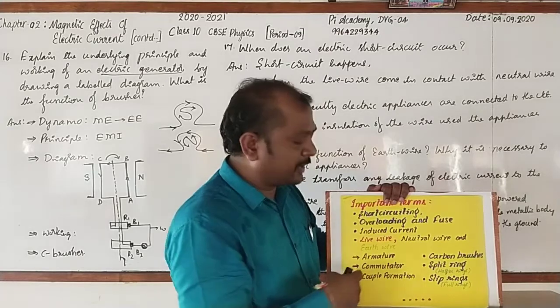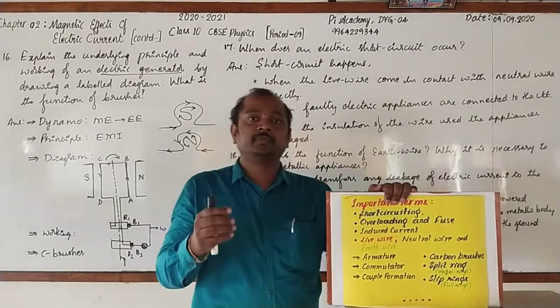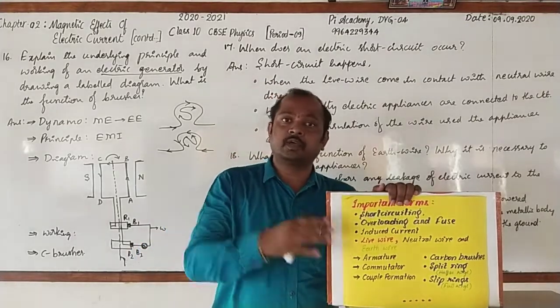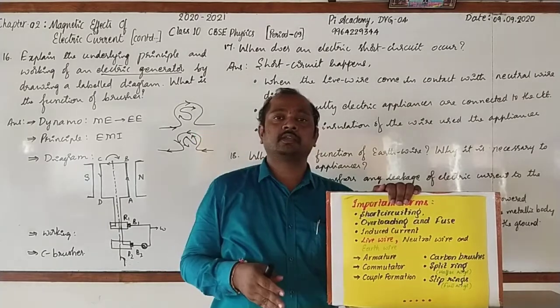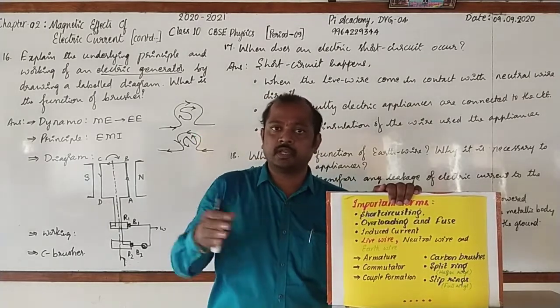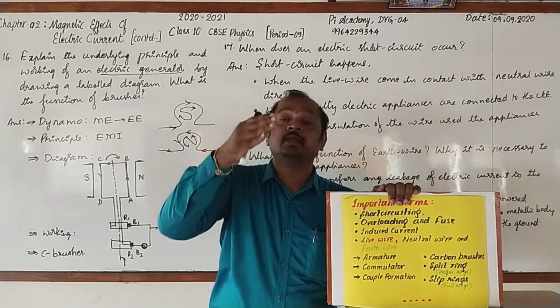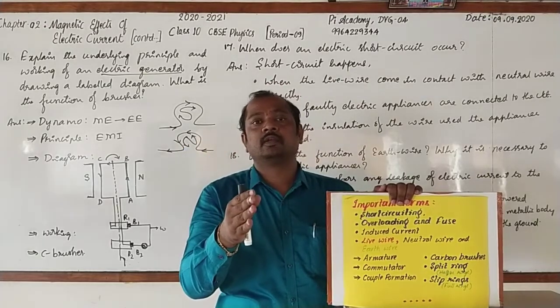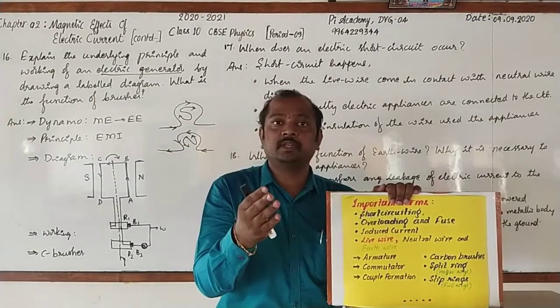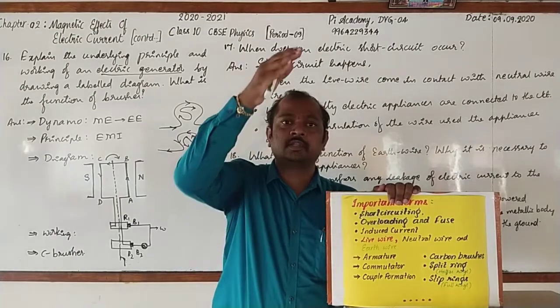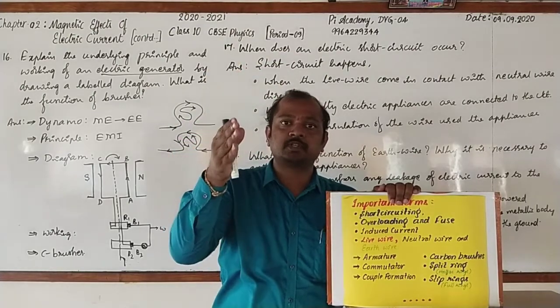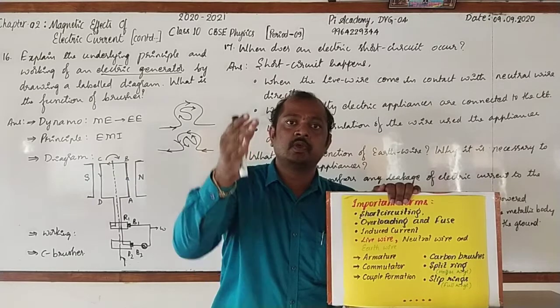Next, couple formation. We know that in case of electric motor, whatever the rectangular coil will be there, when the current flows through that, then it cuts the magnetic field, then it experiences the mechanical force. This mechanical force acts on the opposite limbs.